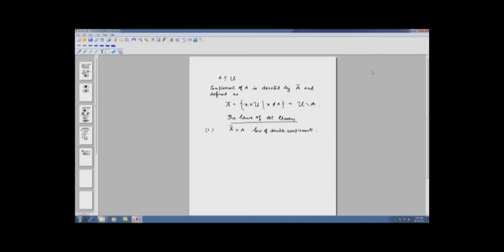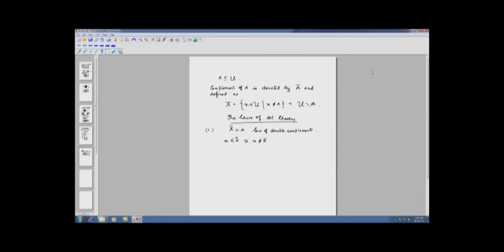It is not difficult to prove this, because we can always say that suppose I have an element x which is inside (A complement) complement. This implies that x is not in A complement.